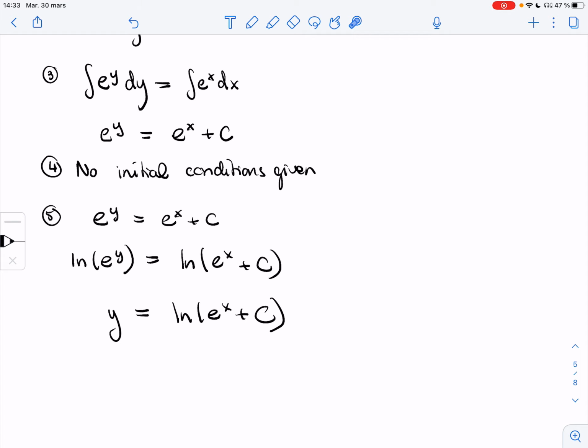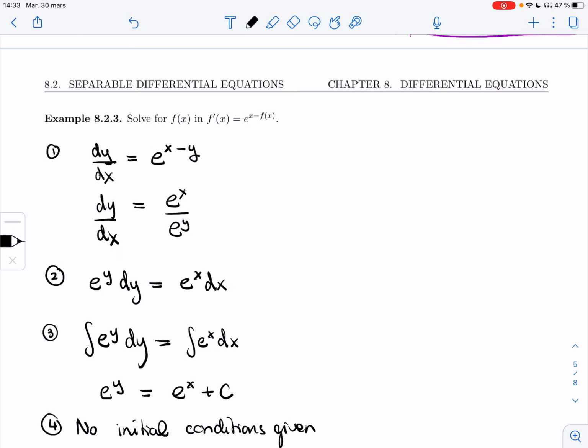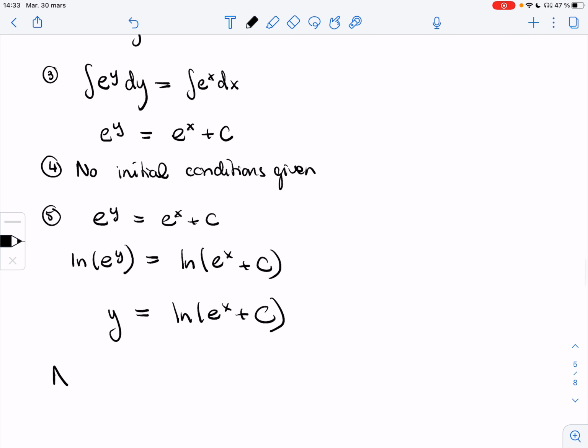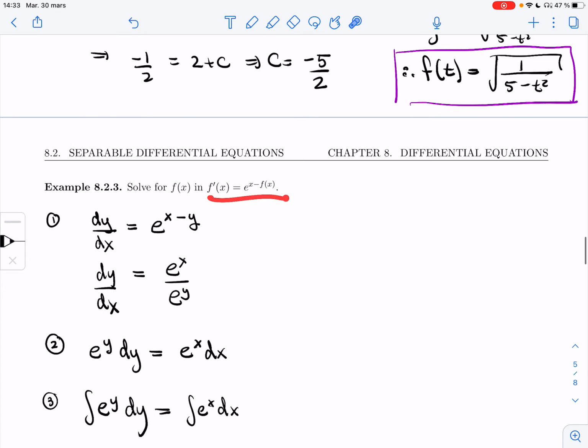All right, so this says that we should solve for f of x, and so the final answer is f of x equals ln of e to the x plus c. For every possible value of c, this is a solution to this differential equation. What we have is the general solution.